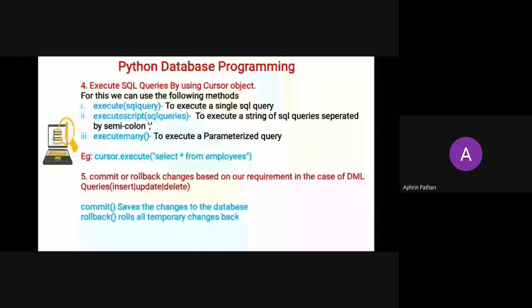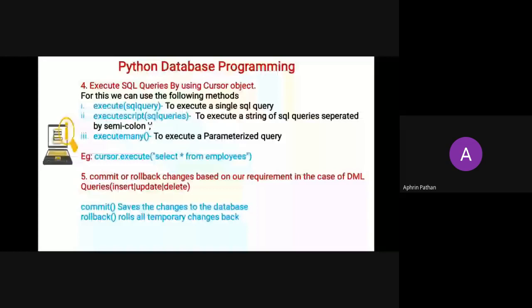So these two methods you can call, commit or rollback. If you want whatever changes you made to be saved in the database, you can call the commit method. And if you want to undo whatever changes you made, you can roll back with the help of the rollback method.